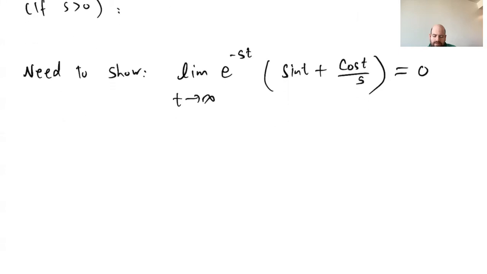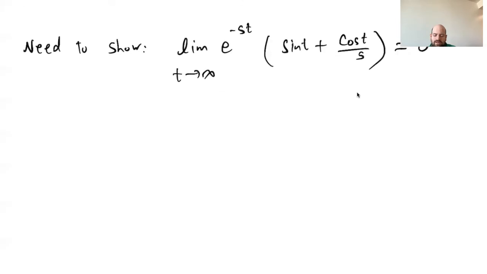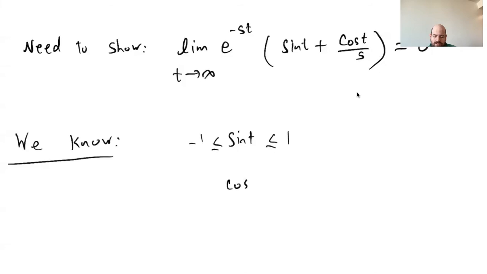And how can I verify this? So let's start with, I want to use the squeezing theorem. Now, what can I say about sine t and cos t? I know that sine t and cos t, both of them are between -1 and 1. So we know that sine t is between -1 and 1, and cos t over s will be between -1 over s and 1 over s.